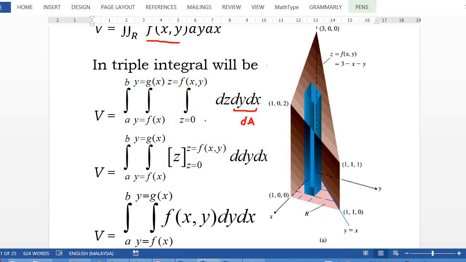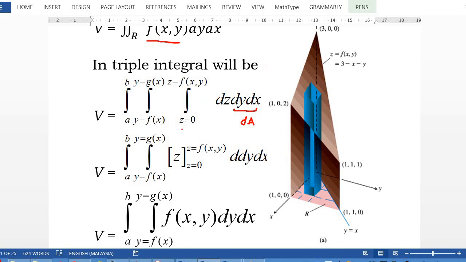This is the lower limit of z because the bottom surface is on the xy plane, so z equal to 0. The upper surface is given by 3 minus x minus y. Then you integrate with respect to z first. Later on, the dy dx here is the same as the double integral.